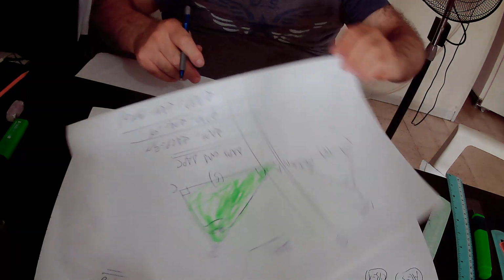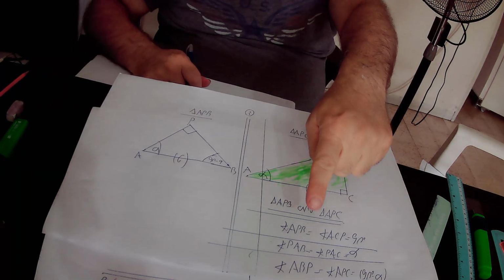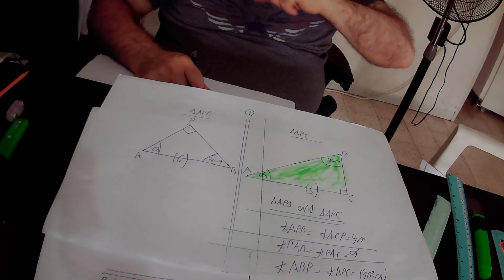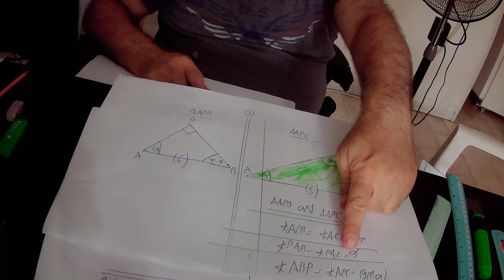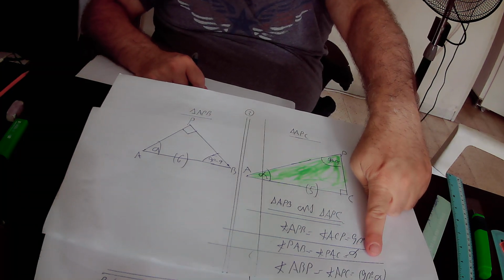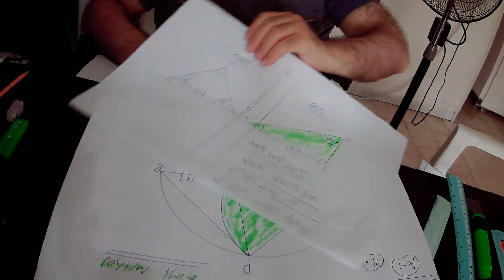Repeat again. Angle ABP in the right triangle APB equals angle APC in the right triangle APC. They are both equal to 90 degrees minus alpha, therefore they are equal to each other.